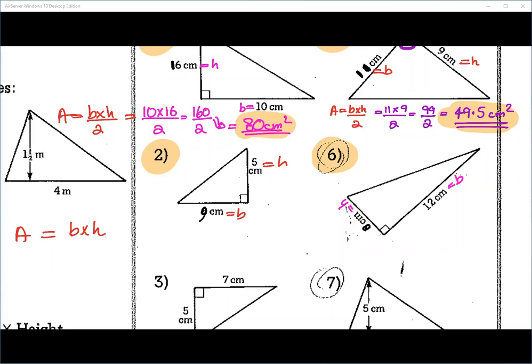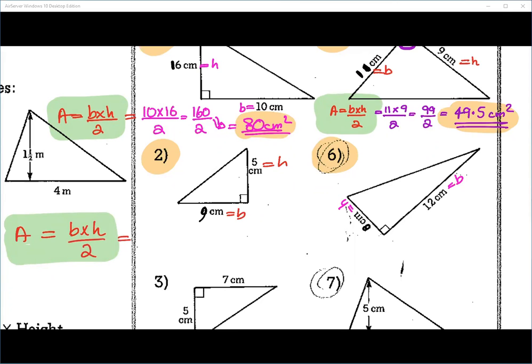Okay, no, you haven't finished the formula. You're giving me part of the formula. So the area of a right-angled triangle is base times height, and then what else do you have to do? By 2, you have to divide it by 2. Come on, you can't miss out half the formula and expect to get the answer right.